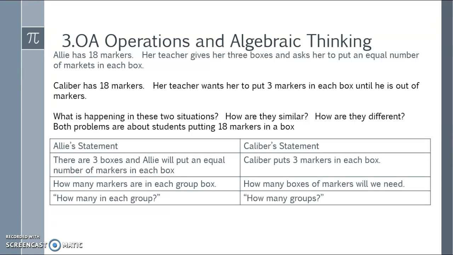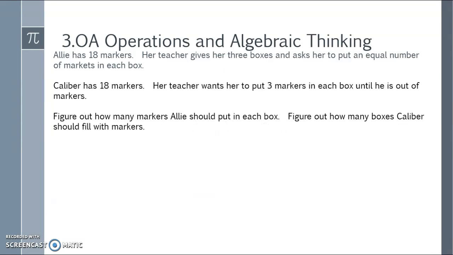Versus Caliber is putting exactly 3 markers in each box. We need to know how many markers are in each group for Allie, and for Caliber, how many boxes of markers will we need? Allie's statement, how many in each group? How many groups for Caliber?